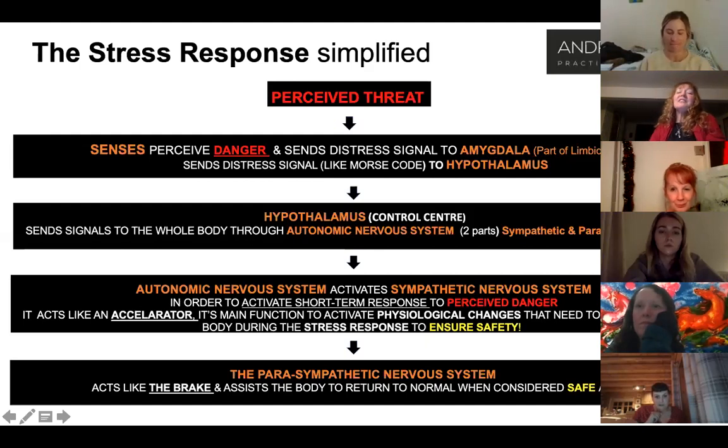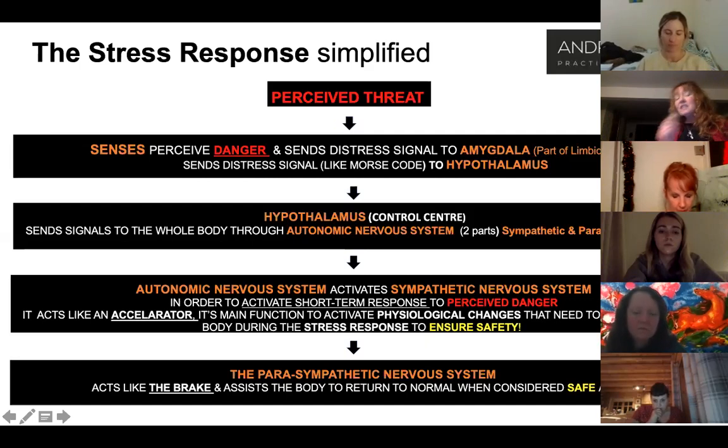And it sends that distress signal almost like a Morse code to the hypothalamus, which you could consider a bit like a control center. So the hypothalamus is this control center for the body, and it is responsible for sending signals to the rest of the body through the autonomic nervous system, which is made up of two parts, okay?